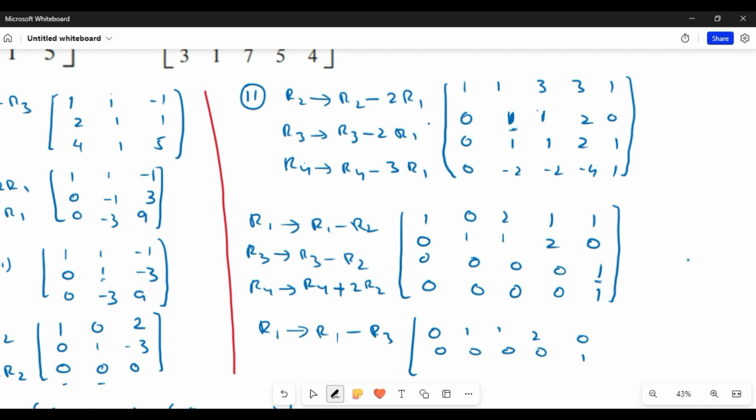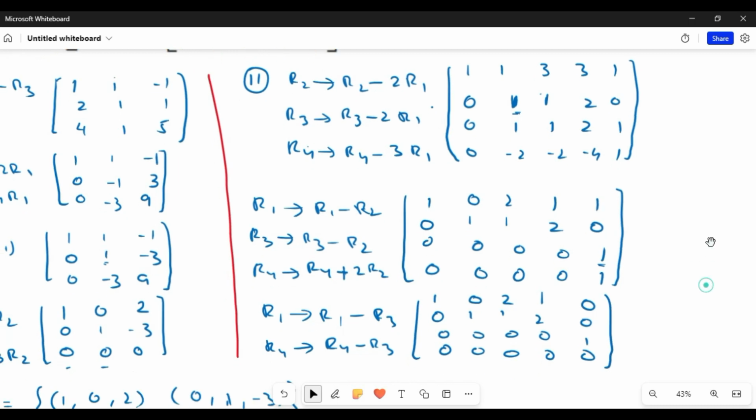First row will be 1, 0 minus 0, 2 minus 0 is 2, 1 minus 0 is 1, finally 1 minus 1 is 0. The last row R4 will be R4 minus R3. So 0 minus 0, 0 minus 0, 0 minus 0, 0, 1 minus 1 is 0. So only 3 non-zero rows we got.